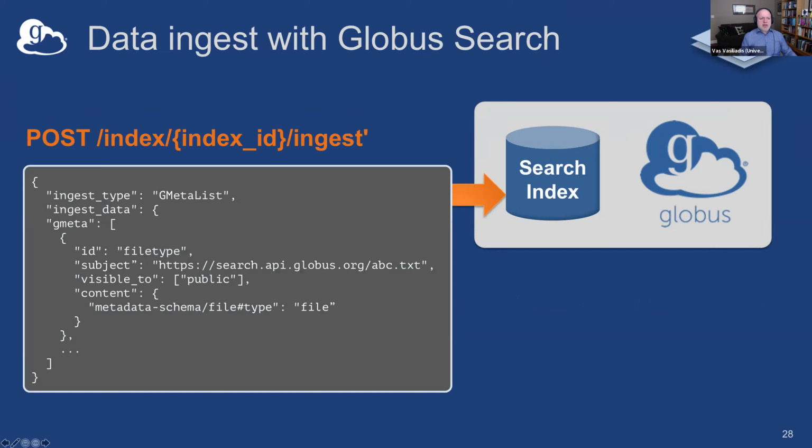And here I'm showing a very simple ingest document, just providing one metadata item. The one thing I want to focus on is this visible to parameter in the middle, and it says visible to public.